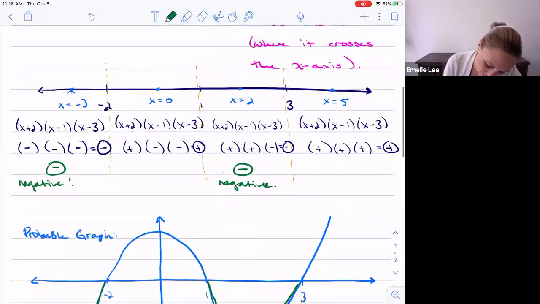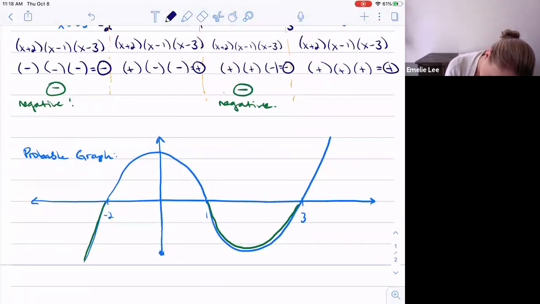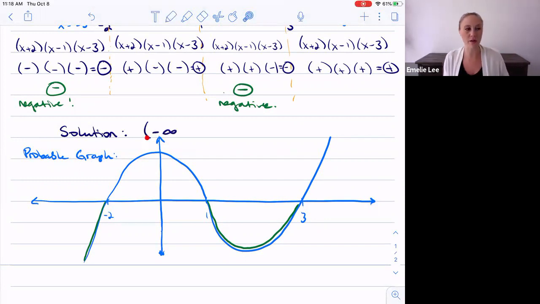And so the solution to this thing is from -infinity, being really careful to not put a square bracket around infinity. Infinity is not a number, it's an idea, right? And so infinity, you can't include infinity.